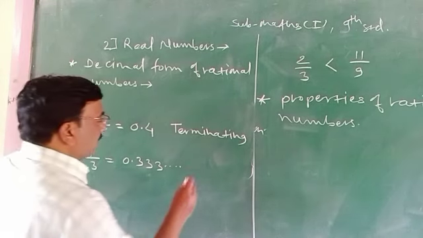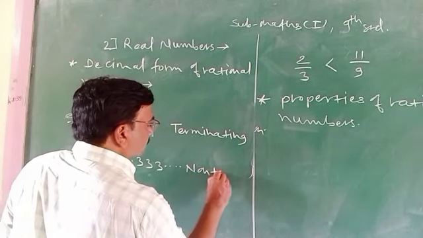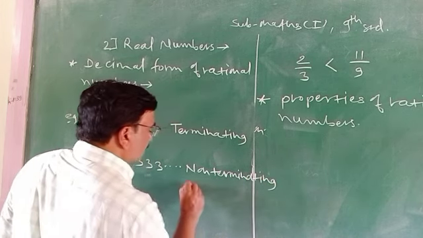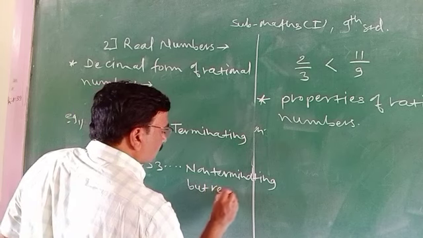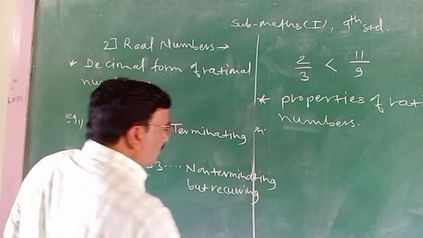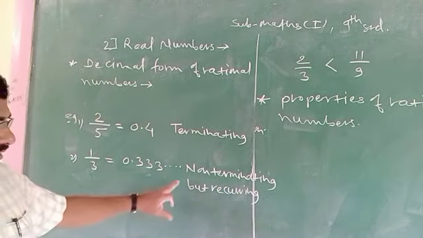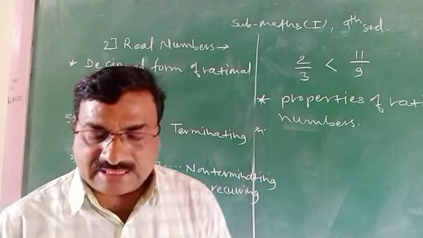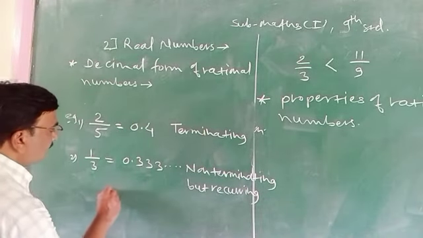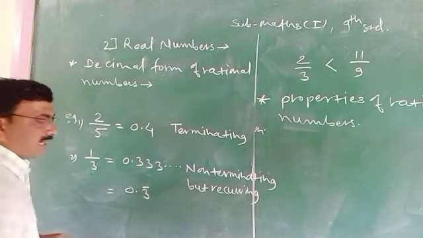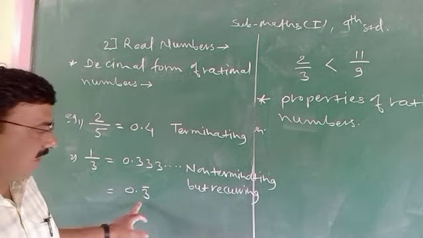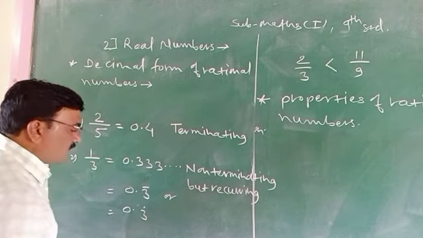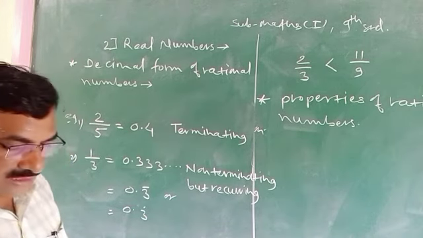The same group comes again and again. Then we can write it like this: 0 point bar 3, or 0 point dot 3.